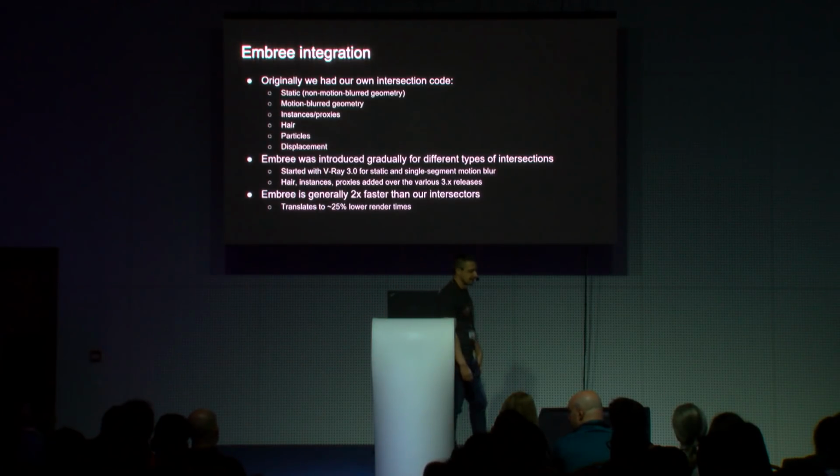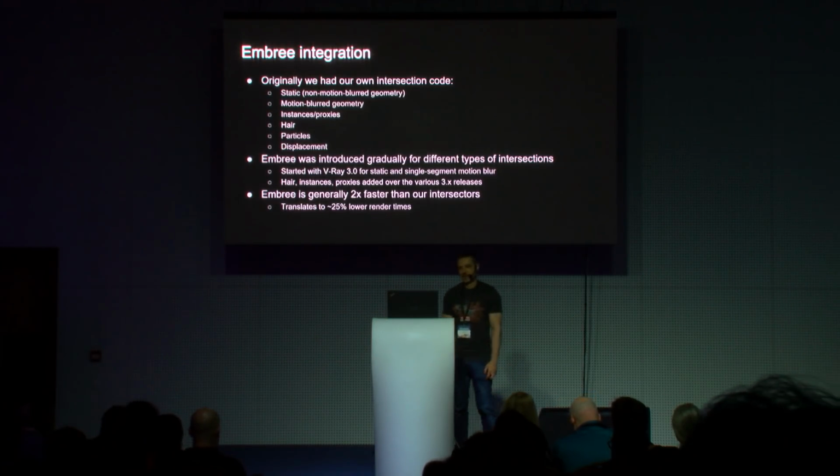So when Embree appeared a few years ago, we started looking into it and trying to see if there's any advantages to using it in VRay. We did some experiments even with some of the VRay 2.4 or 5 version, and it seemed to be actually pretty good. So with VRay 3, we integrated Embree officially as a part of VRay.